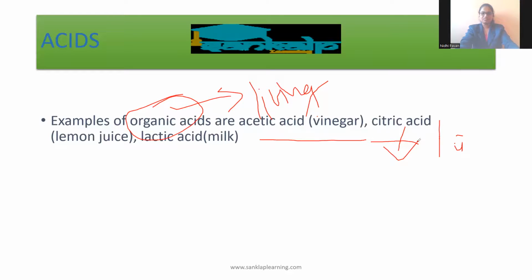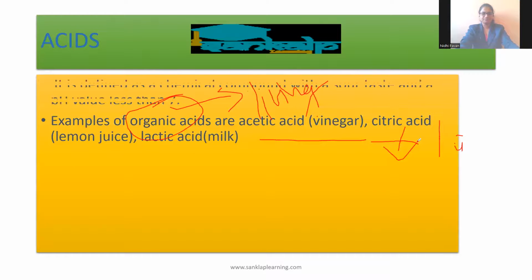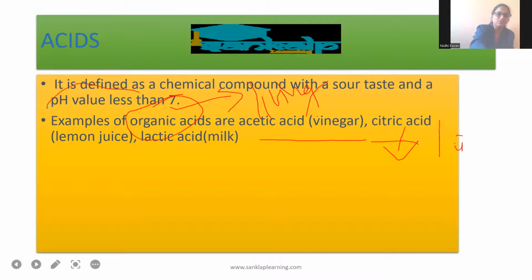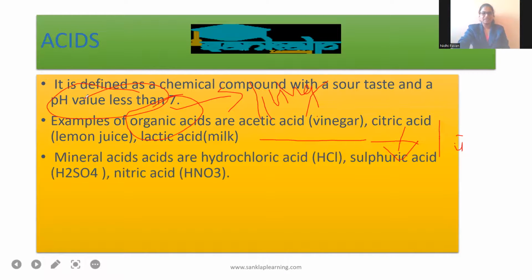Next, acid can also be defined as a chemical compound which has a sour taste and whose pH value is less than 1. What is pH? We will learn in this concept itself later. Then we have one more type of acids called mineral acids, which are prepared in an industry or a lab.